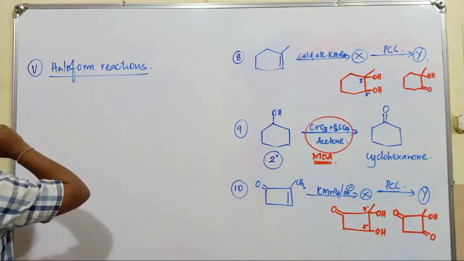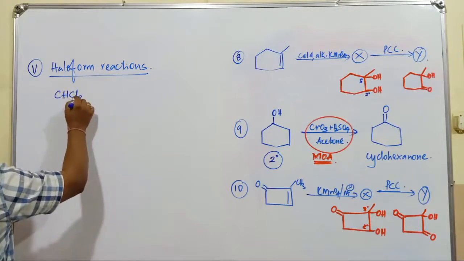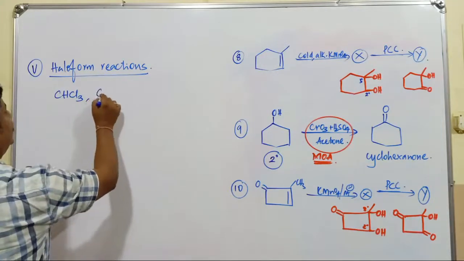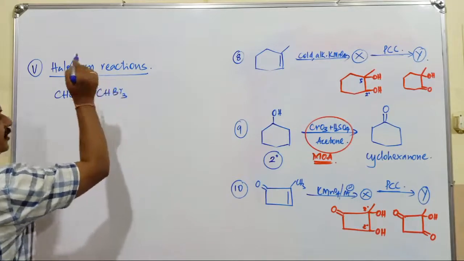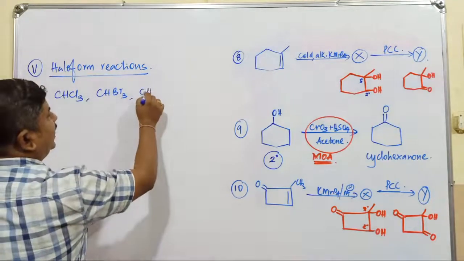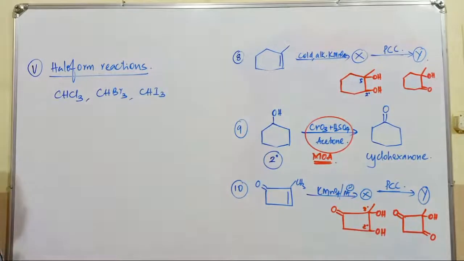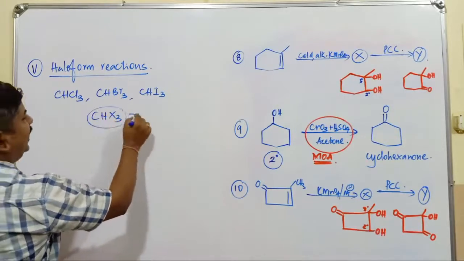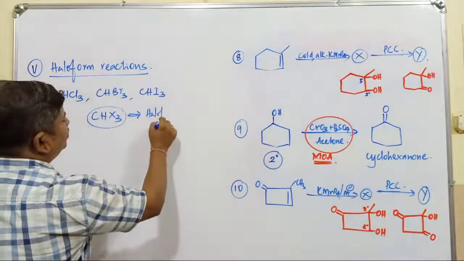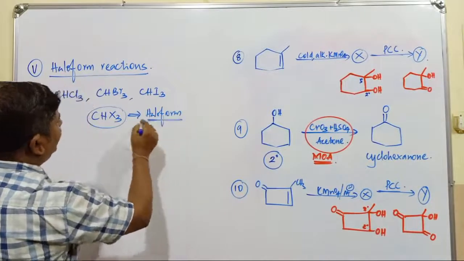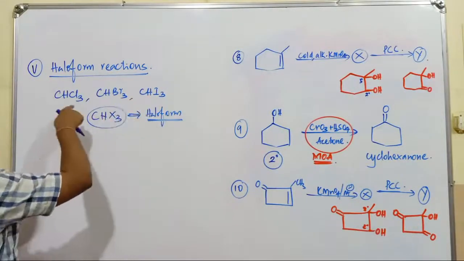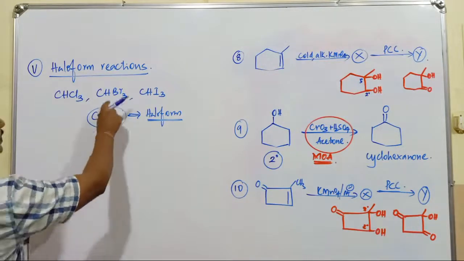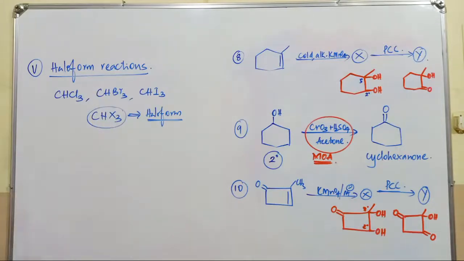If you remember, CHCl3, what's the name? Chloroform. CHBr3, bromoform. Next, CHI3, what's the name? Iodoform. If the compound is CHX3, it is generally called a haloform. If it is bromine, bromoform; iodine, iodoform; Cl, chloroform. Formation of such compounds takes place in haloform reactions.